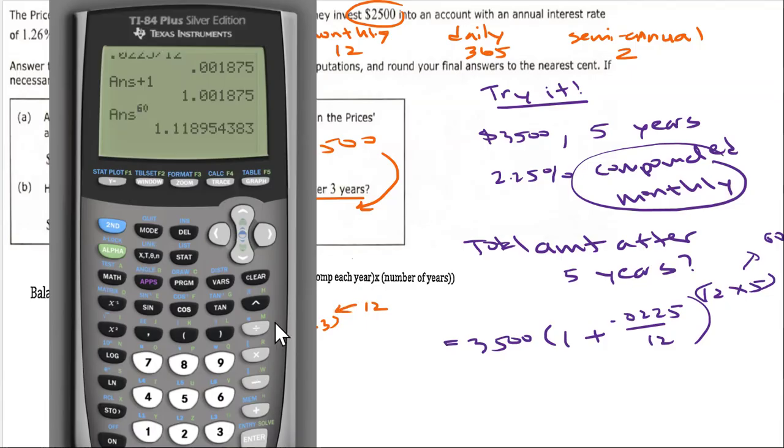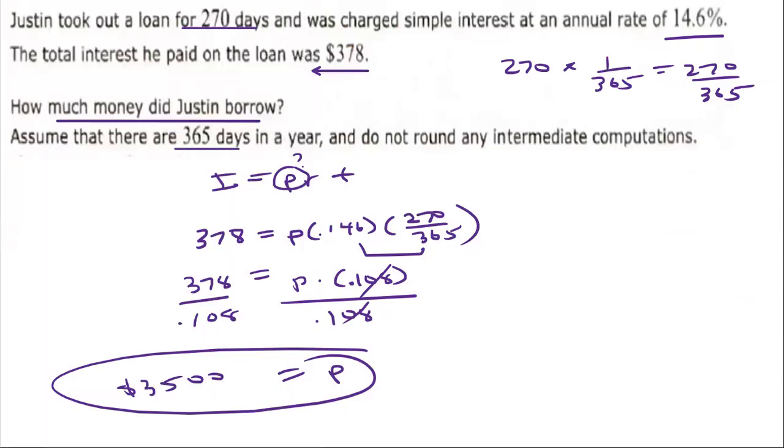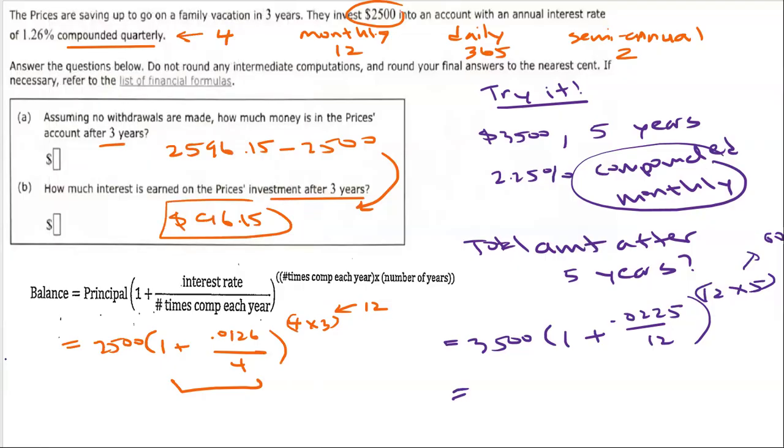All right, and then we're going to multiply this by 3,500. Okay. So we get 39.16 and 34 cents. So notice I didn't round anything. I just kept all the values so that it doesn't mess up my true answer here. Okay, so again, we get $3,916.34.